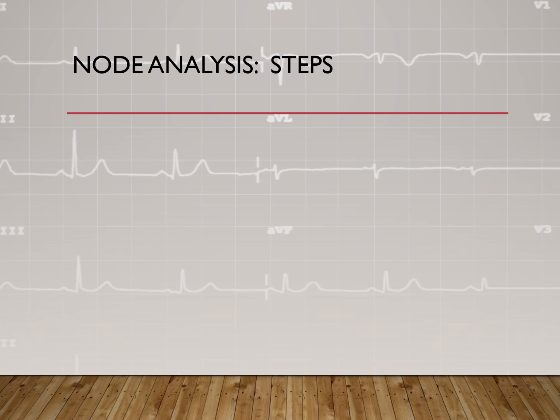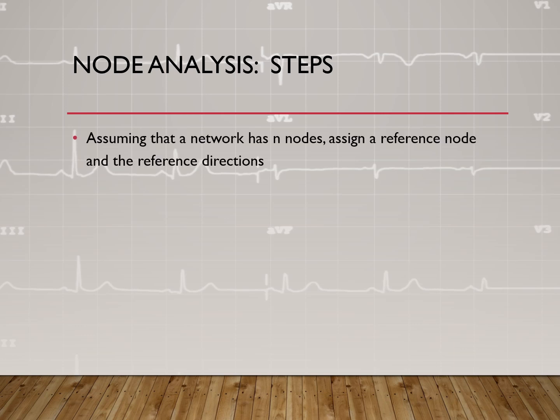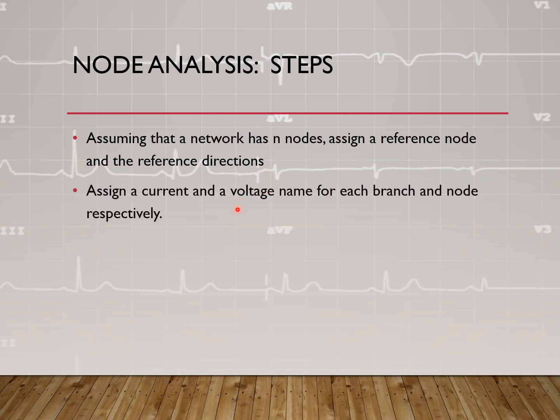Now, when we speak about node analysis, the steps involved are: assuming that the network has n nodes, you assign a reference node, and the directions of the currents are designated. Then you assign a current and voltage name for each branch and node respectively.